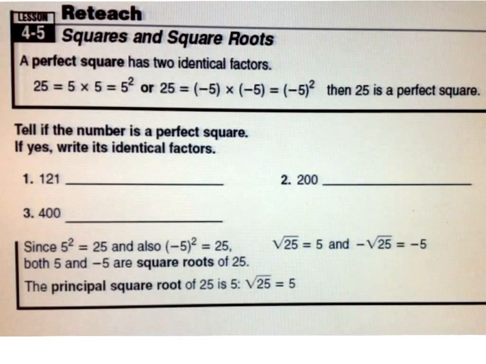Let's look at a little vocabulary. A perfect square is a number that has two identical integer factors. There's a little typo there. There's a word missing: integer factors. A perfect square has two identical integer factors.